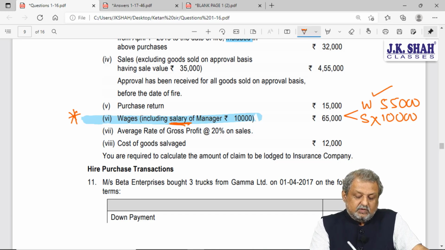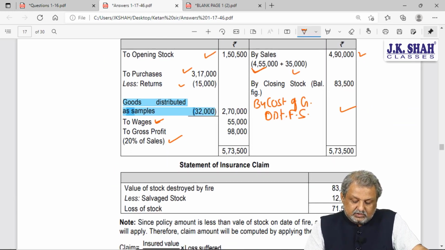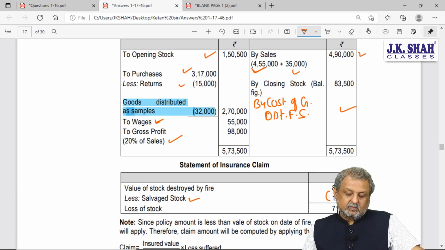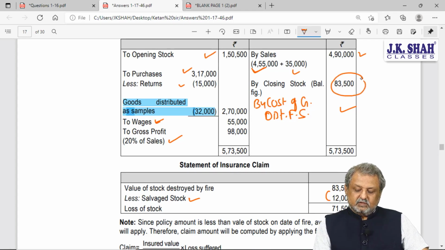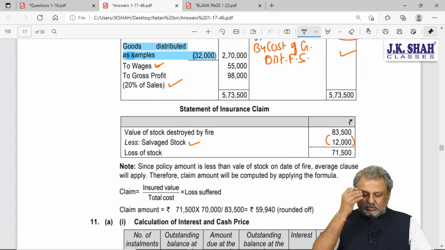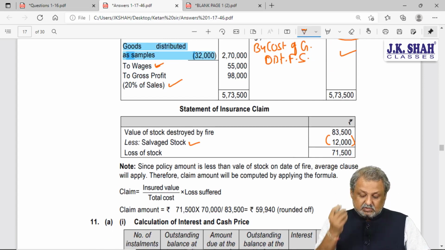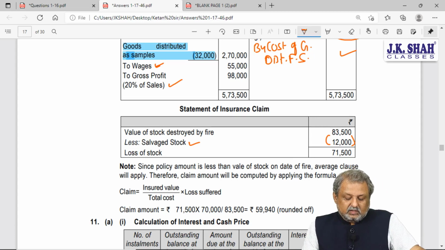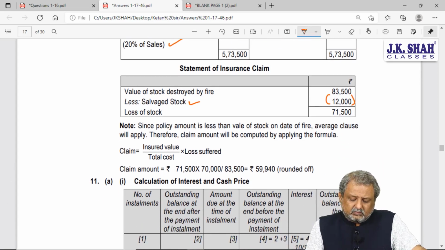Cost of goods salvaged, 12,000. So salvage 12,000 must be deducted. This is the balancing figure. One of the most simple questions. And then find out the loss of profit.